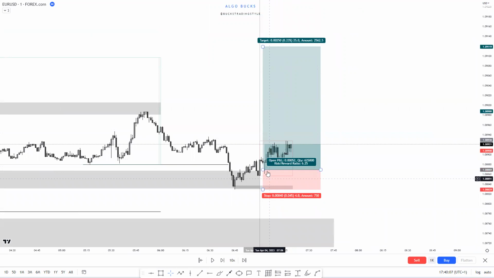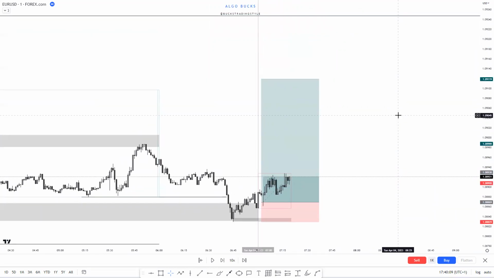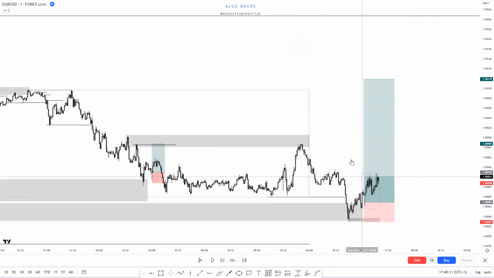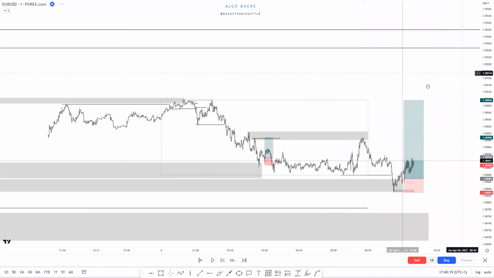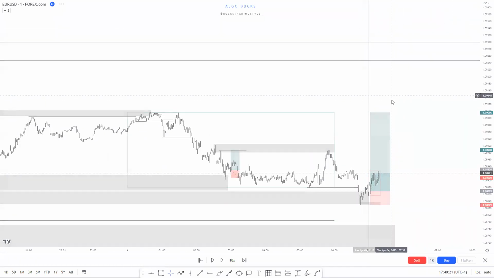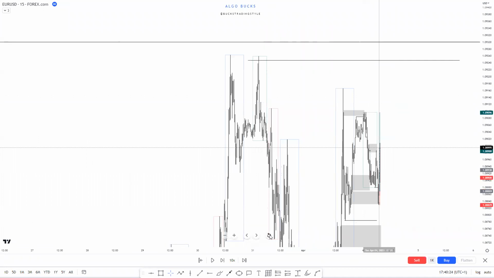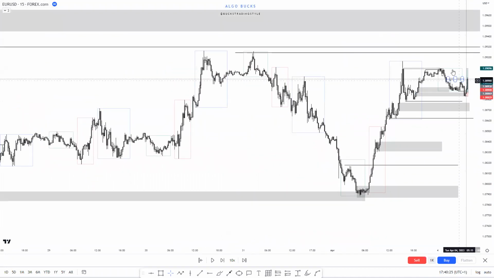Now this is actually happening like 3 minutes after London open. Now where would our target be? This Asian high could be our target, or go back on the higher time frame to mark out possible reaction points.